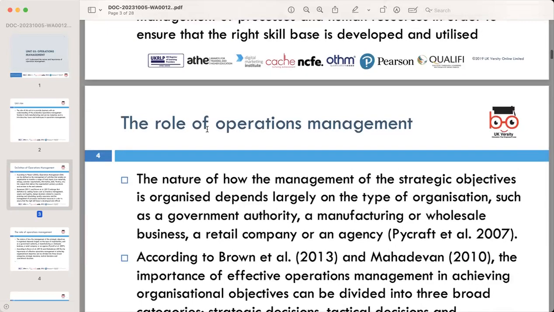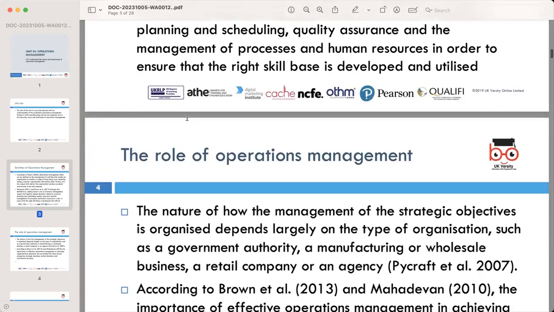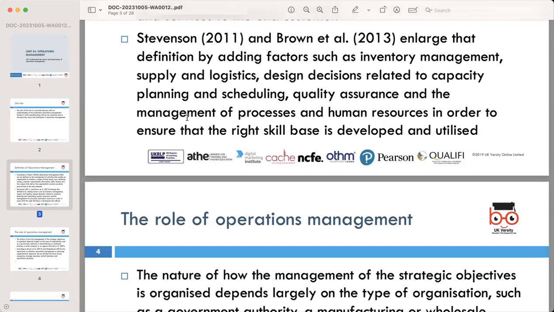The role of operation management. Can you give me one example in your own words? What exactly is operation management? It is very simple.